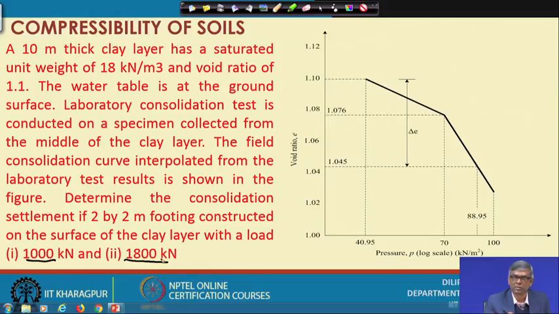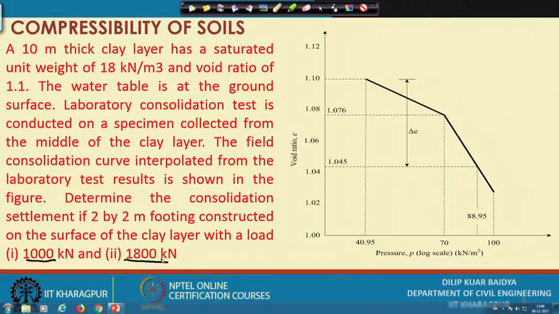The first one we do using a formula with CR, the coefficient of recompression, and for the second we may see that both recompression and compression will be there. So, we will see one by one.